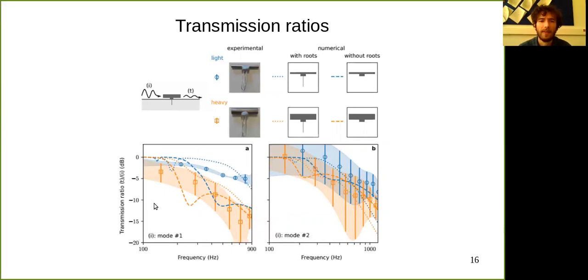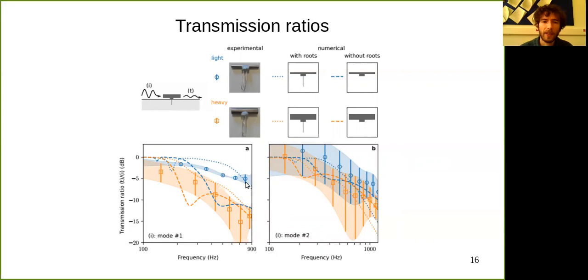So the left-hand part is for mode number 1 as the incident wave. This is for mode number 2 as the incident wave. And these are the transmission ratios. These points stand for experiments. The dotted lines stand for the theoretical numerical model with roots.